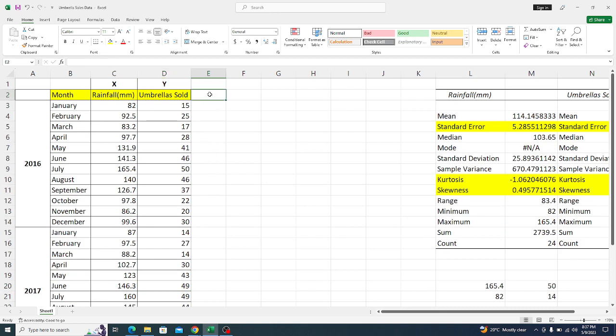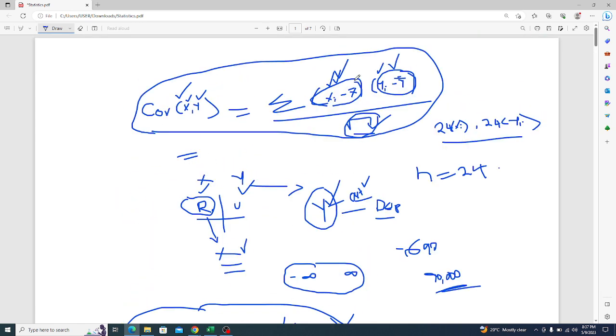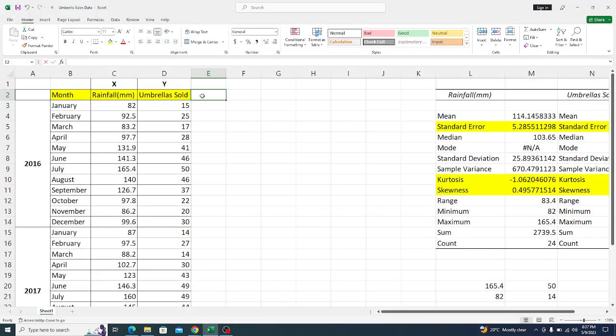So now here we need to calculate the value of xi minus x bar. You can see it is not squared here. For covariance, we don't square, unlike when we are computing variance. So we are going to compute the value for xi minus x bar. It will be equal to xi's. These are our xi's. So I'll take xi minus our x bar.